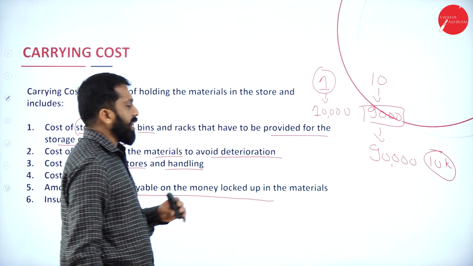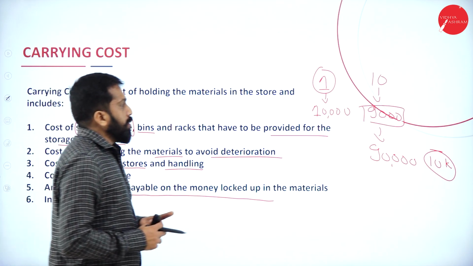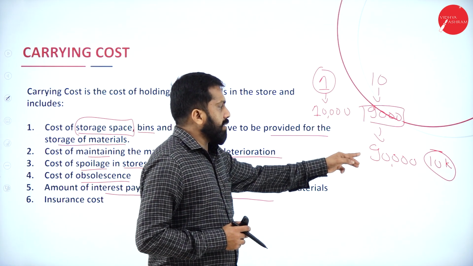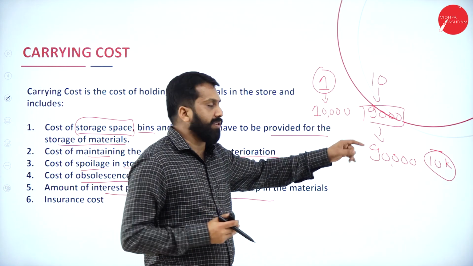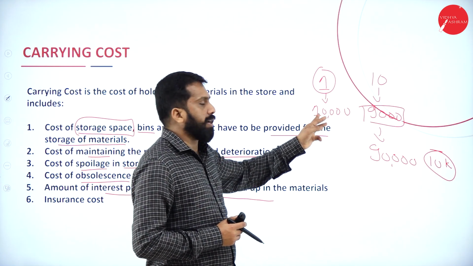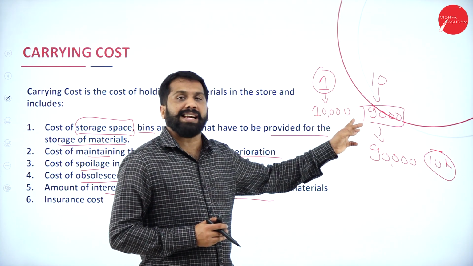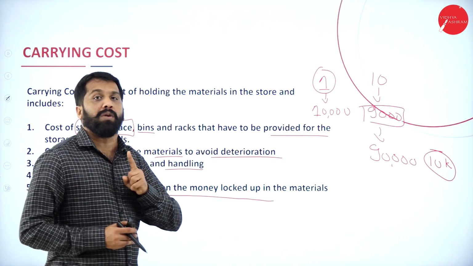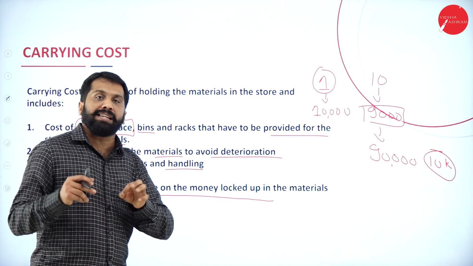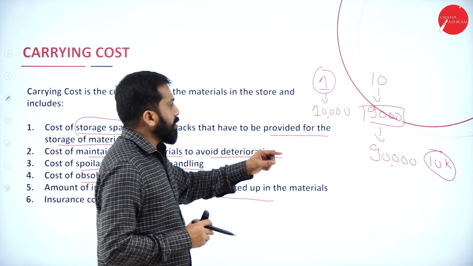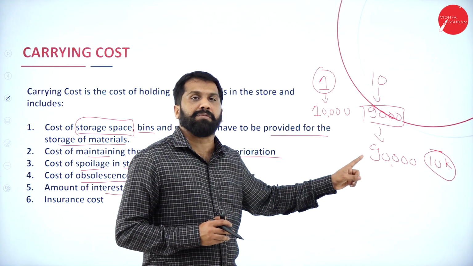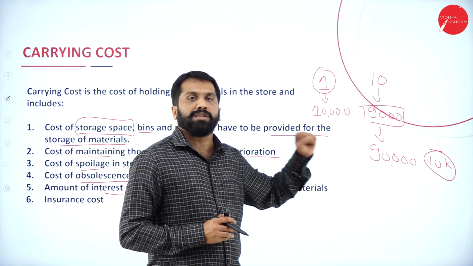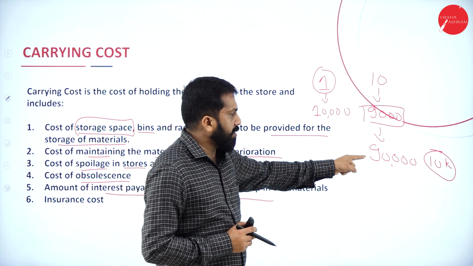But what happens here? You had only 10,000, but for 90,000 you will get 10 units, so you will be excited. Because if every month I come and buy 10 units at 10,000, it will become 1 lakh. But if I take it in bulk, I am supposed to pay 90,000. I can save 10,000 here. So I'll go for this.